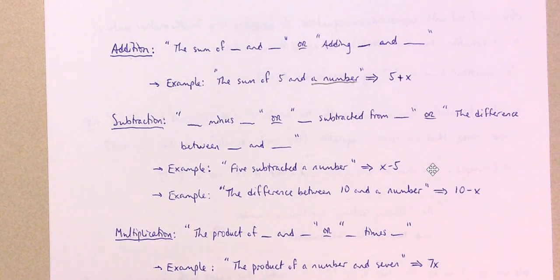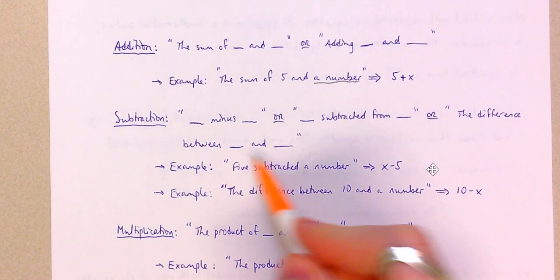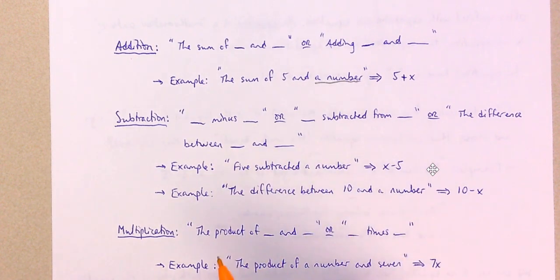If you see blank minus blank, or you see blank subtracted from blank, or you see the difference between blank and blank, those things should make you think, okay, I'm subtracting these things. And you have to be a little careful when it comes to some of these phrases for subtraction. If you see the difference between blank and blank, then you have first blank minus second blank.